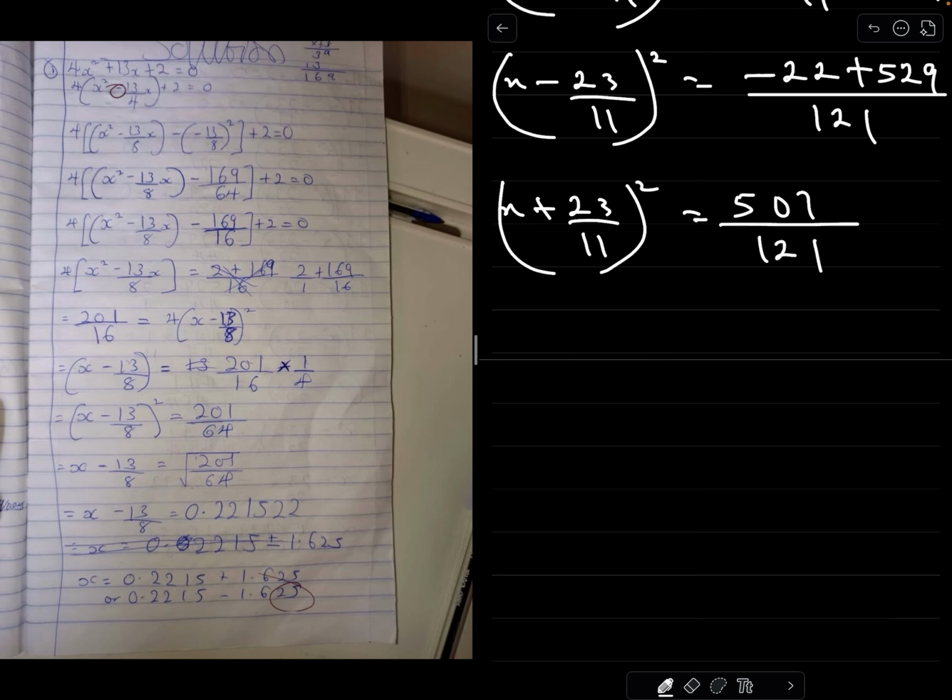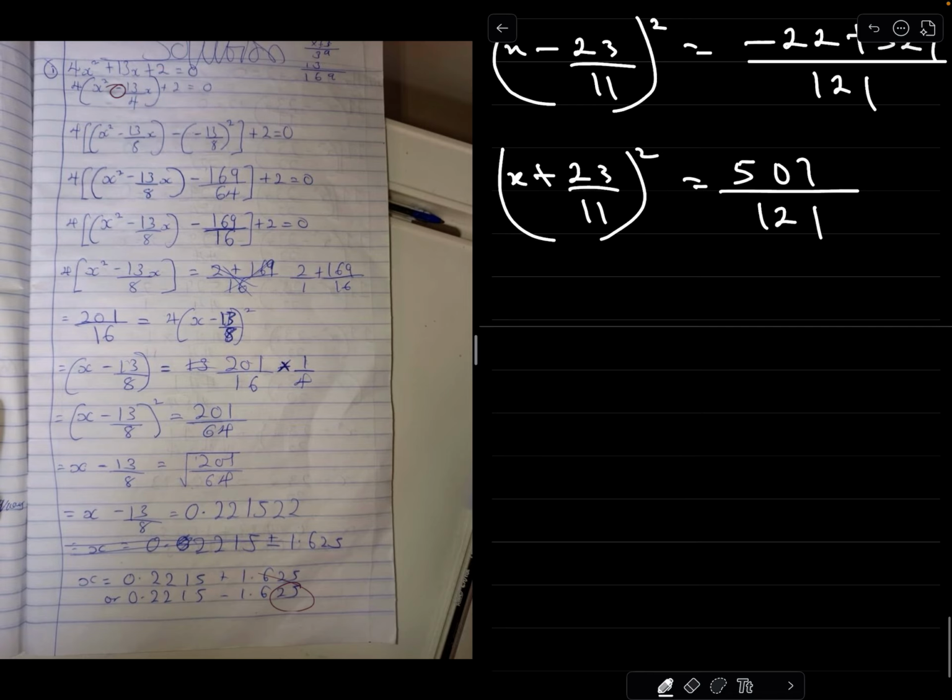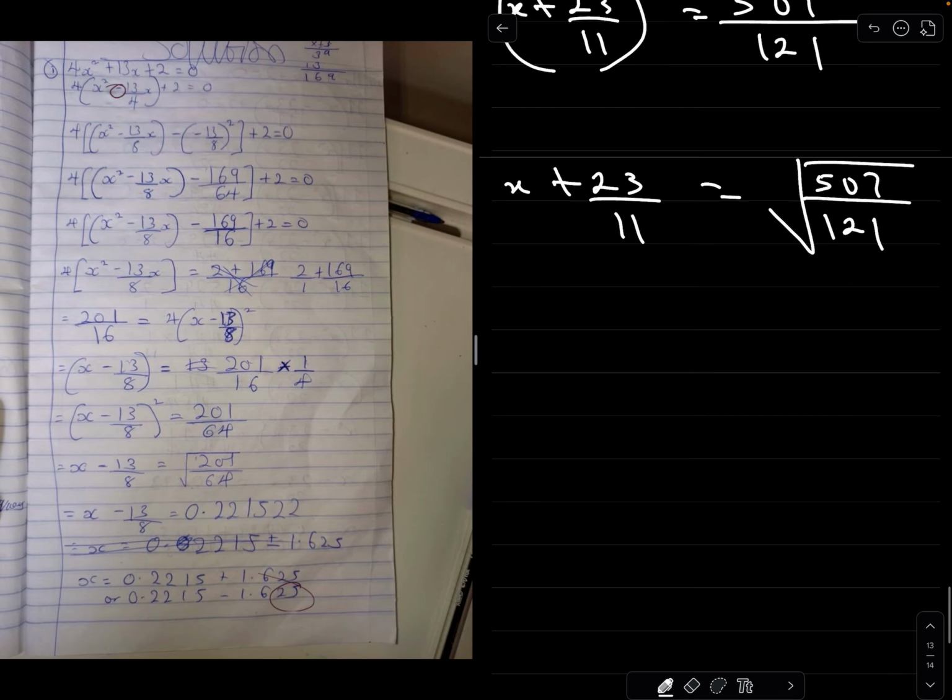Now find the square roots of both sides. The square root of the left-hand side will be x plus 23 over 11. And the square root of the right-hand side will be the square root of 507 over 121, which is equal to the square root of, what is 507 divided by 121? That's 4.1901, correct to 4 decimal places.